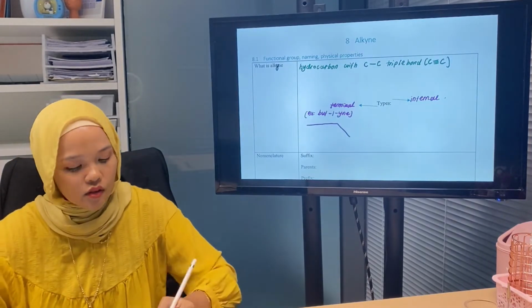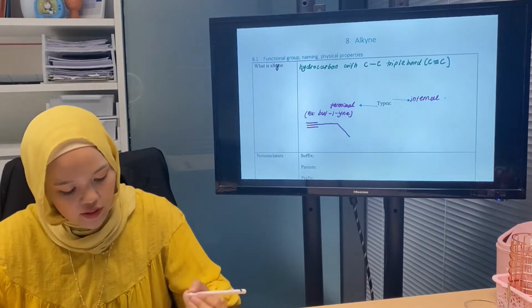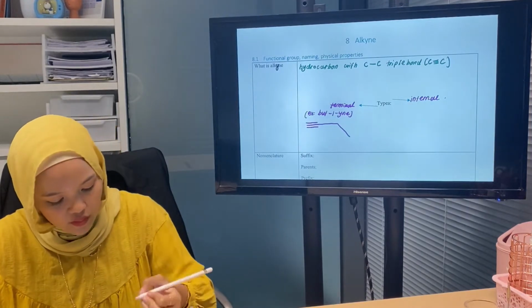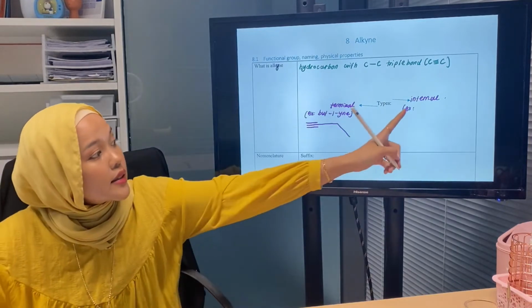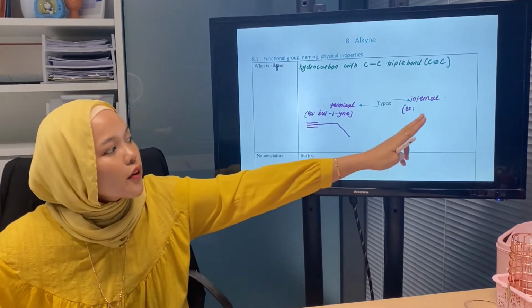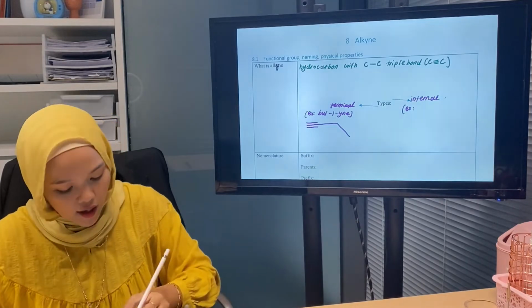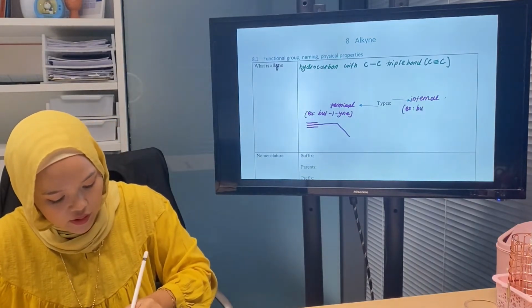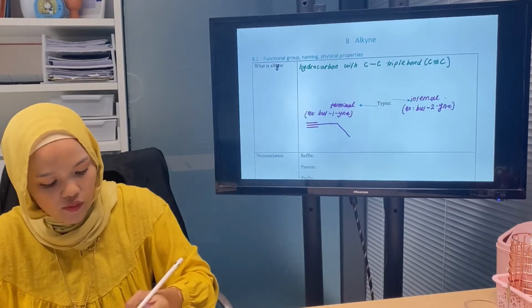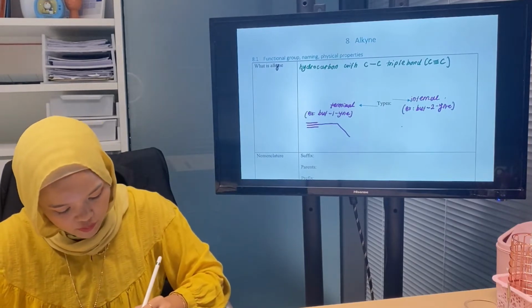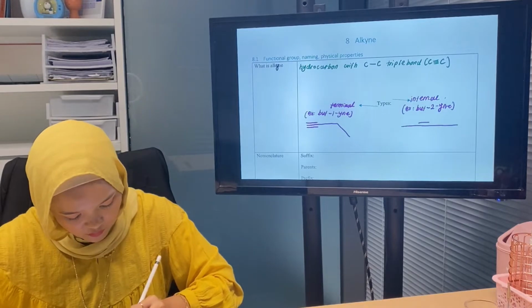This is the butyne. Next, another example for the internal alkyne is but-2-yne. For this one, the drawing is going to be a straight line like that.